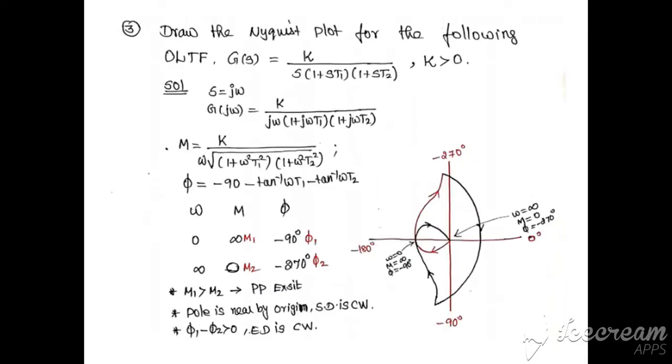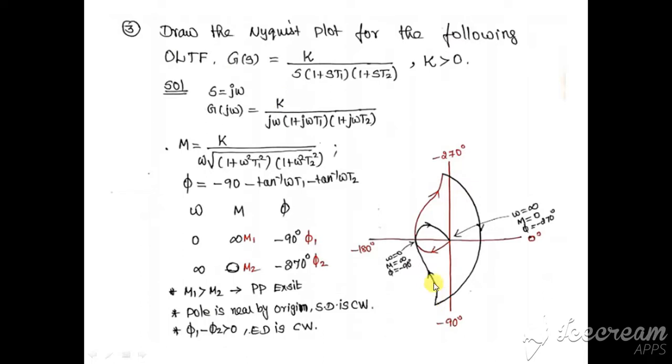Draw the Nyquist plot for the following open loop transfer function G of s is equal to k divided by s into 1 plus s T1 into 1 plus s T2, k is greater than 0. So again same steps to draw the polar plot.